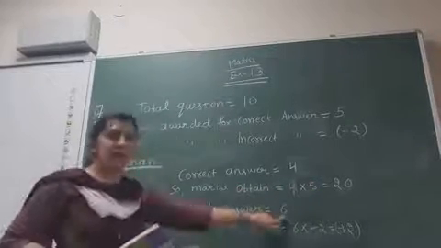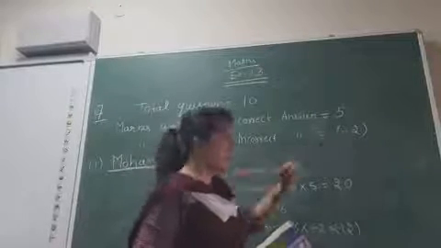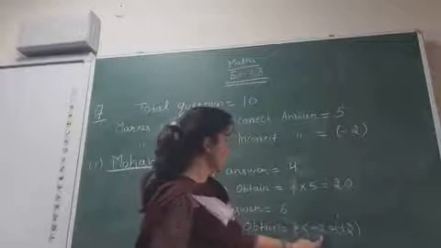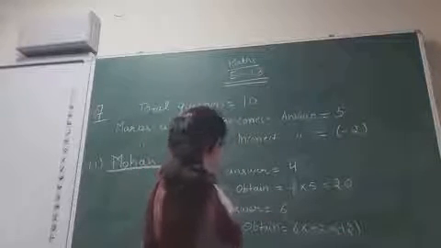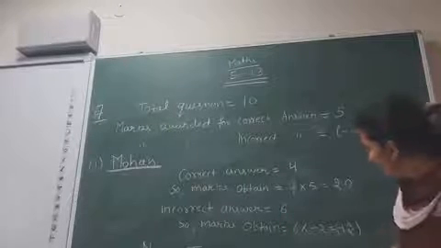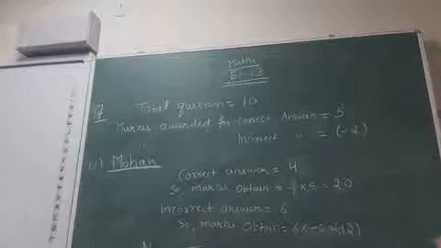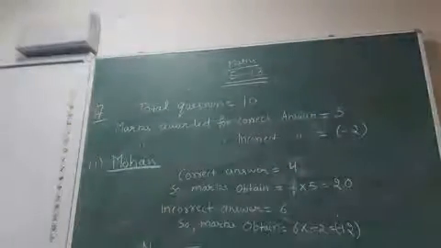Incorrect answers 6. So marks for incorrect answer minus 2 for one question. For 6 multiply minus 2, it is minus 12. So now total score we will add both of these. 20 plus minus 12, it is 20 minus 12, it is 8 marks. So he gets 8 marks.